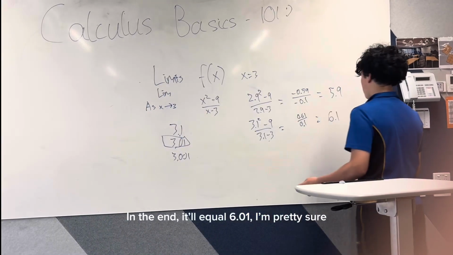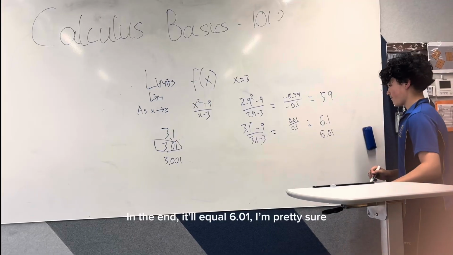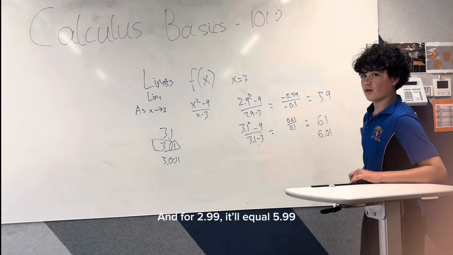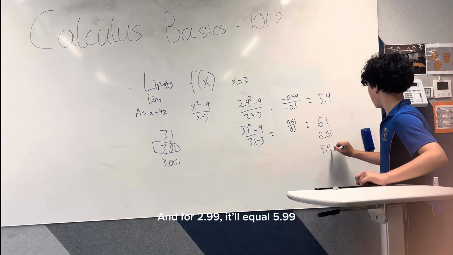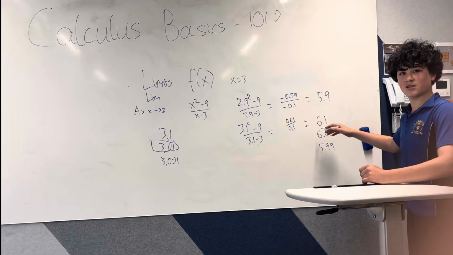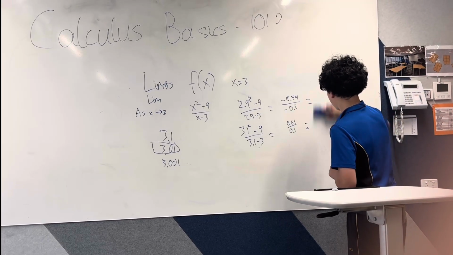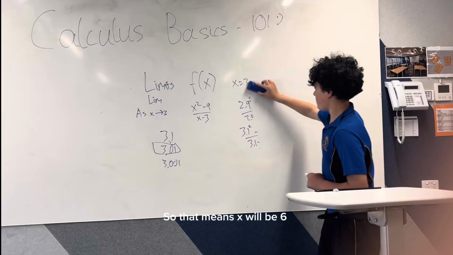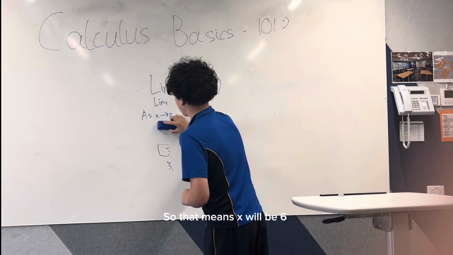In the end, it'll equal 6.01, I'm pretty sure. And for 2.99, it will equal 5.99. As you can see, they're getting closer to 6. So that means the function will be 6.